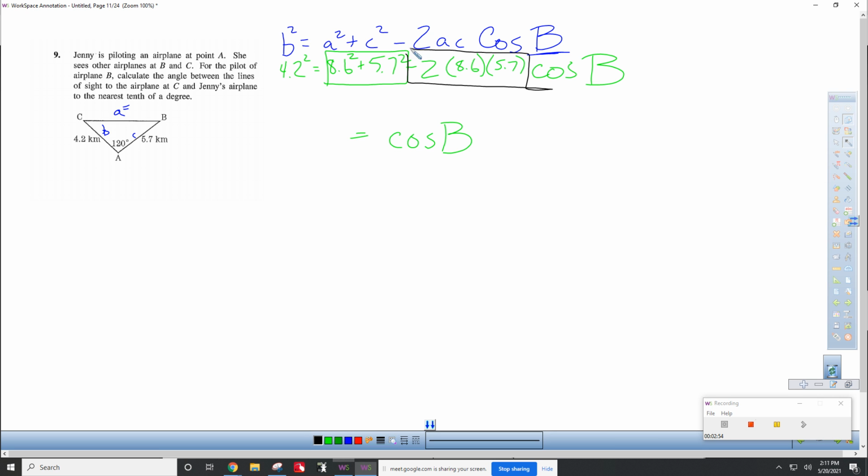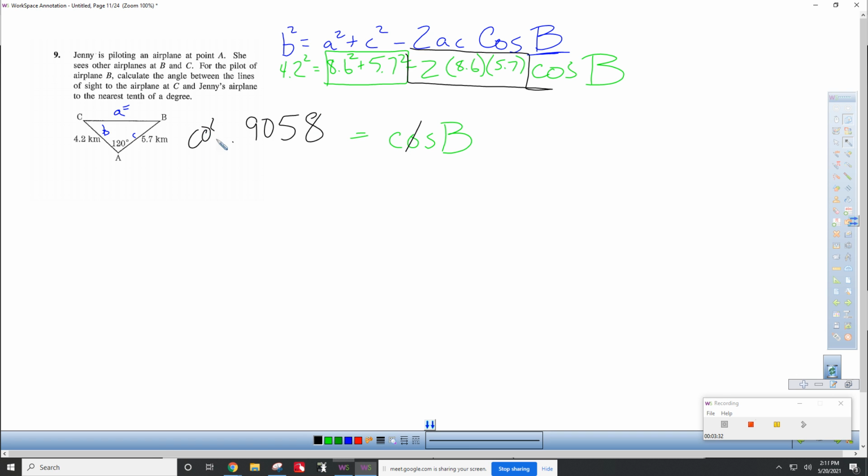And then I get a negative 88.81, and then I divide by, parentheses, negative 2 times 8.6 times 5.7, and you end up getting 0.9058.